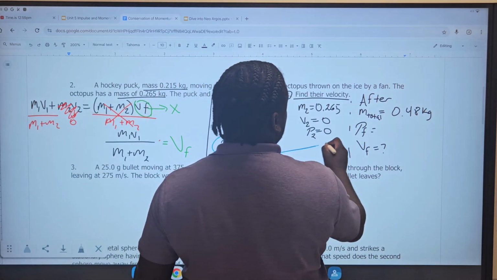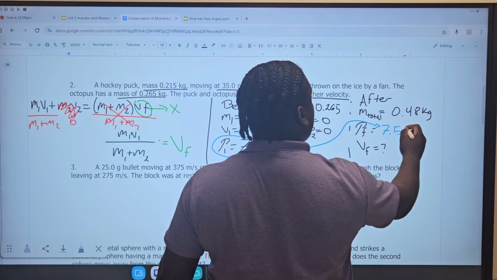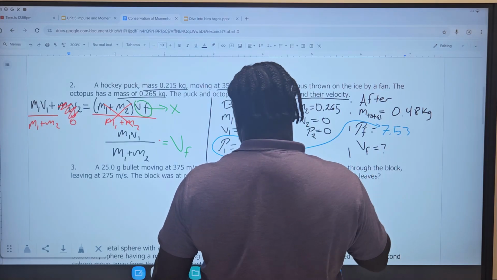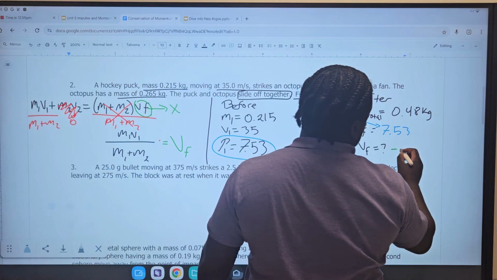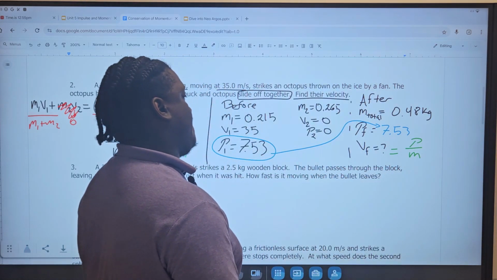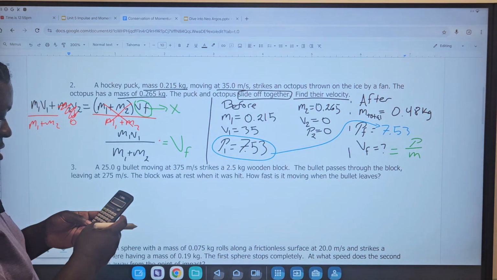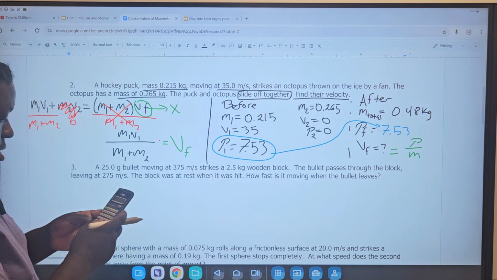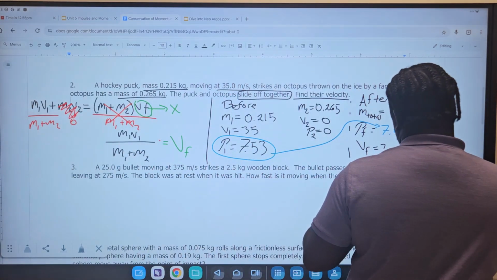So 7.53. Divide these two, because remember, your velocity just ends up as momentum over the mass. So you get momentum divided by 0.48. You get 15.